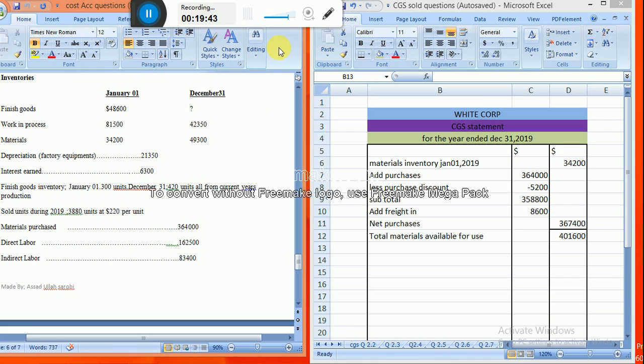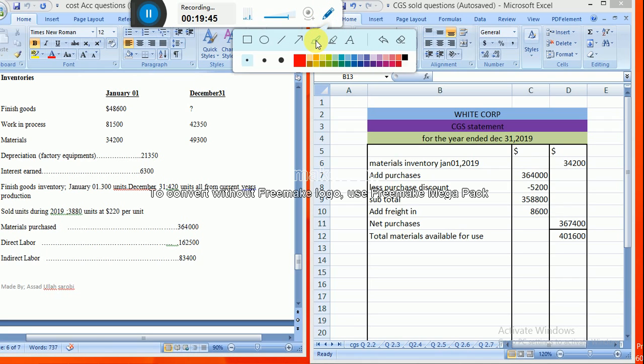These materials have the value of how much? 49,300. It means that these materials we purchased in 2019. We recorded the cost of these materials in 2019, but these materials were not used in 2019. This will be used in 2020.